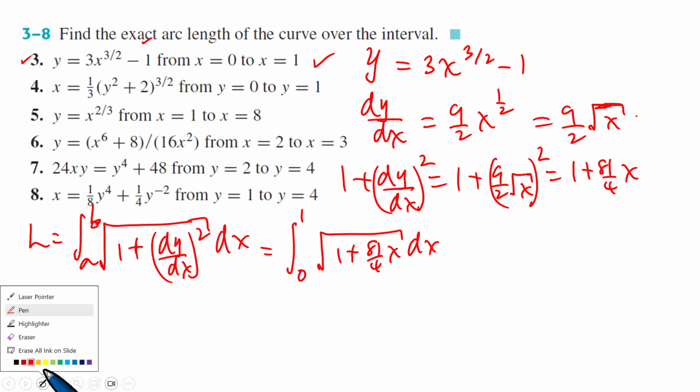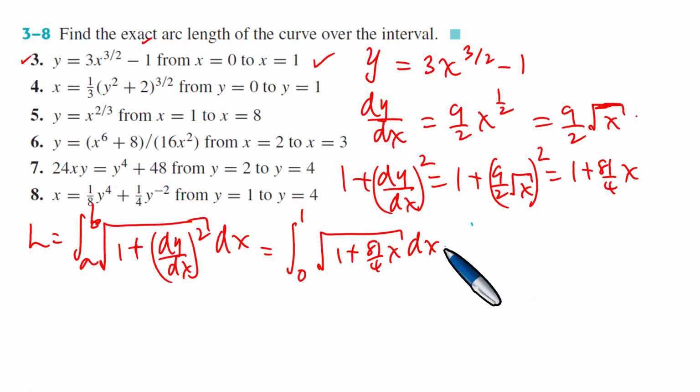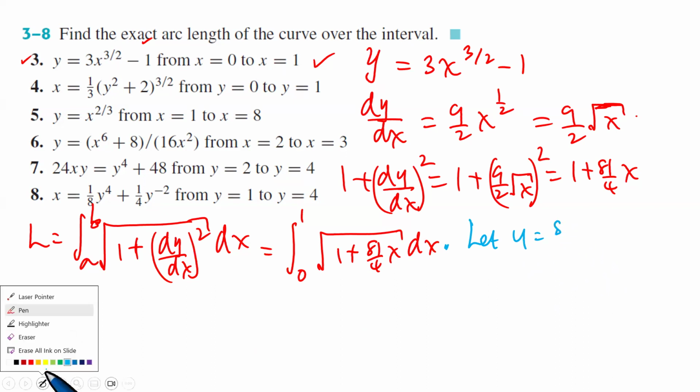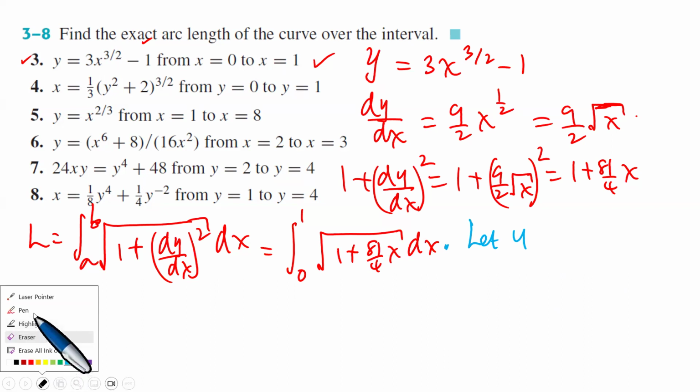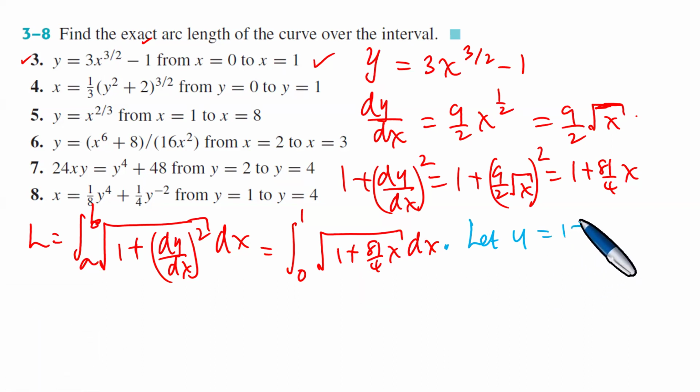Now, when you get to this one, we perform some basic integration. So we're going to let u be 1 plus 81x out of 4. So now, what is du dx?